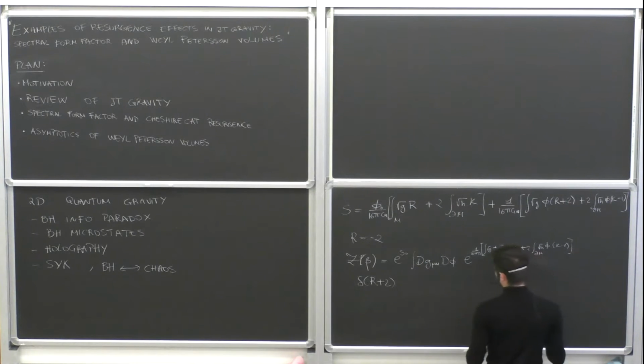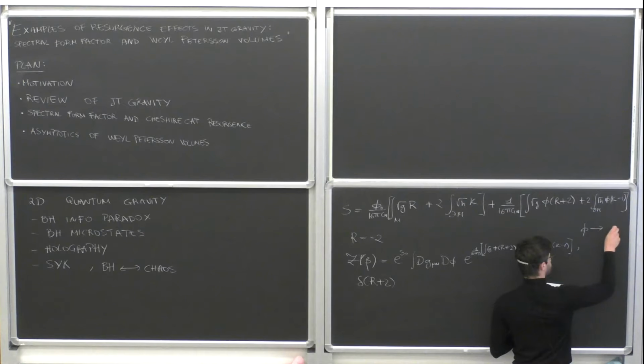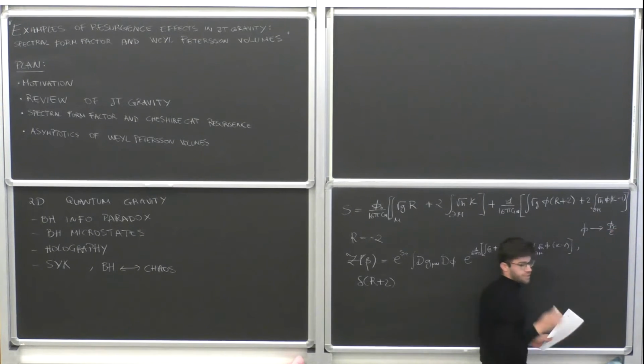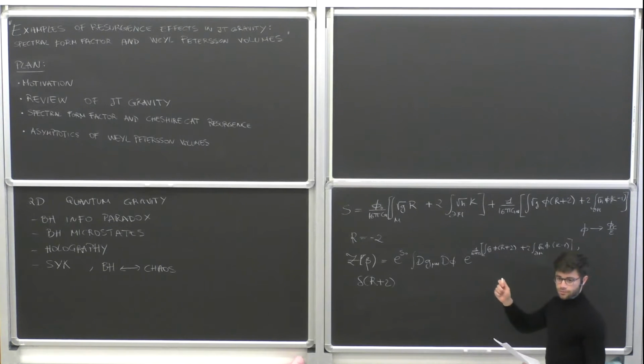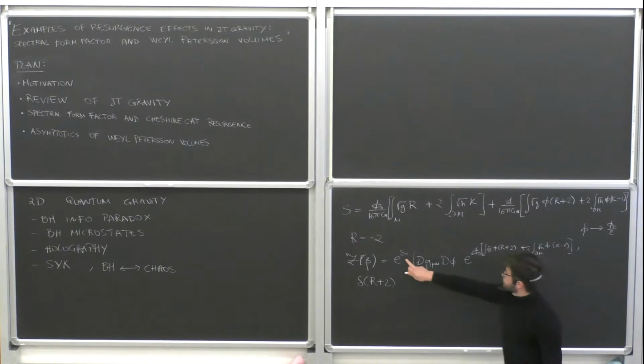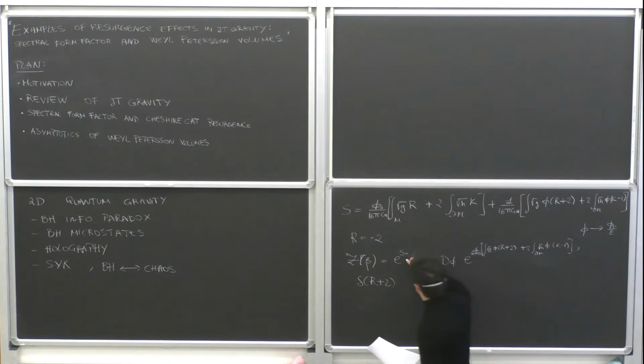And for self-consistency of the theory, what you have to impose is that the dilaton diverges, let's say, when it approaches the asymptotic boundaries in this way, where epsilon is just a cutoff. It's actually here. Sorry. You're right.